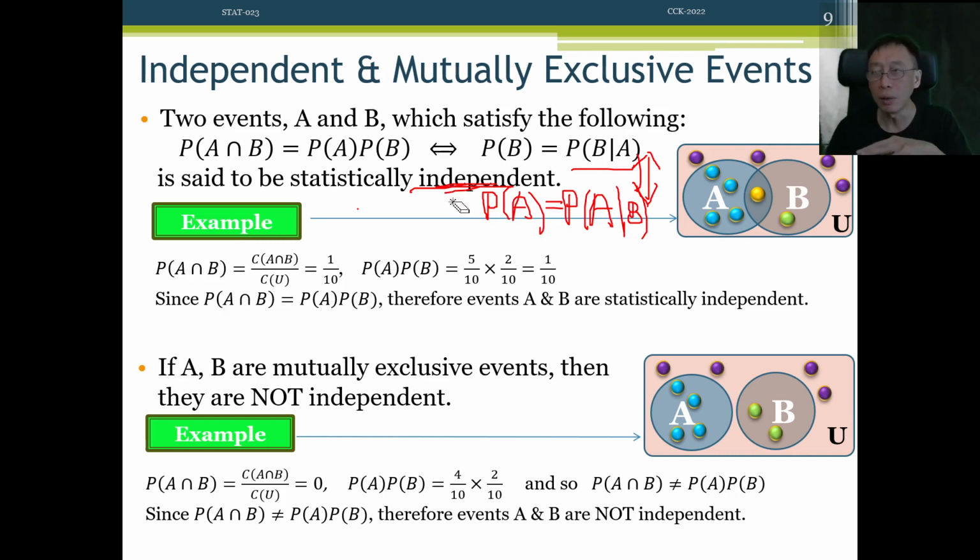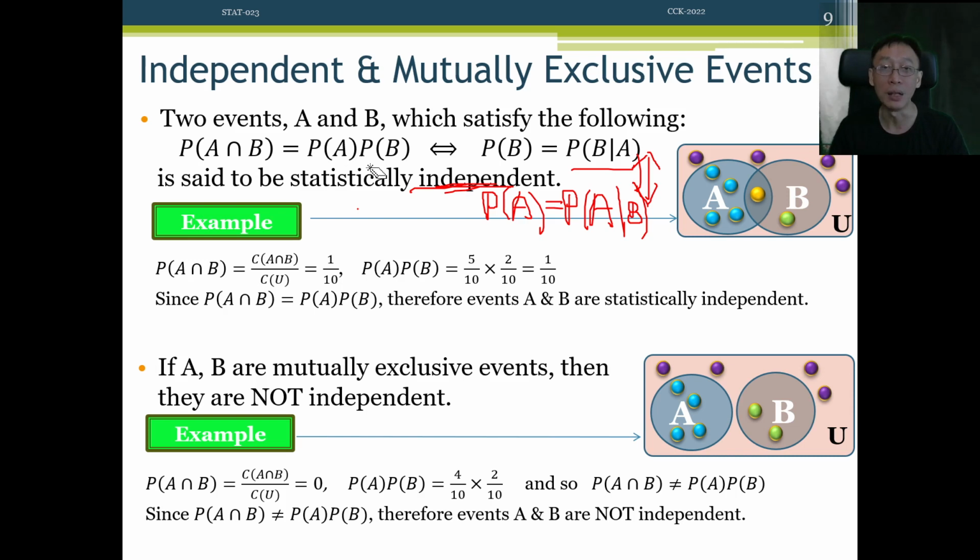Later on in hypothesis testing and in many useful statistical operations, you find that independence is a very common, useful and strong assumption that will make calculations and formulas easier, just like here. If we know P of A, if we know P of B, and if calculating A intersect B is a difficult chore, it doesn't matter.